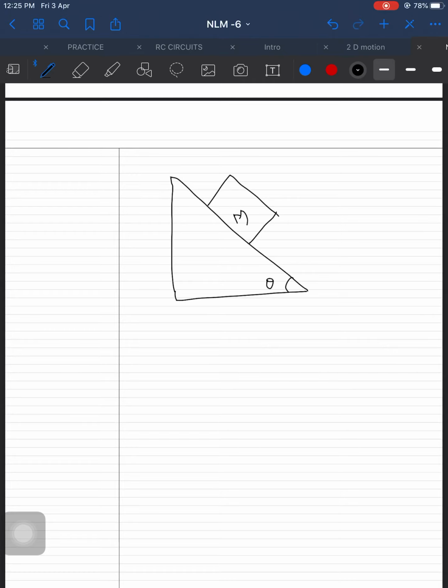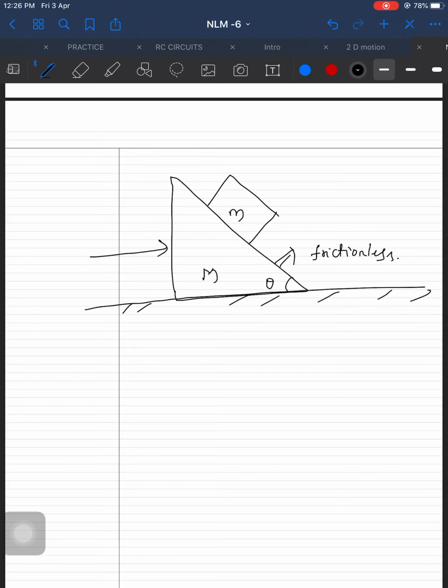There is a block of mass small m, on a wedge of mass capital M. This is a frictionless surface. We'll consider two cases, frictionless and with friction also. They are all placed on a frictionless surface. All the surfaces are frictionless.